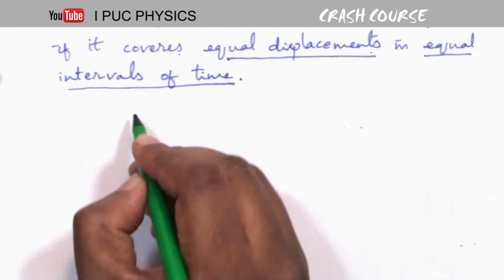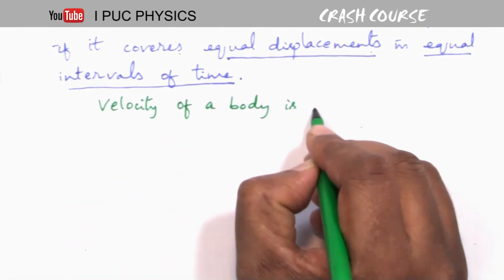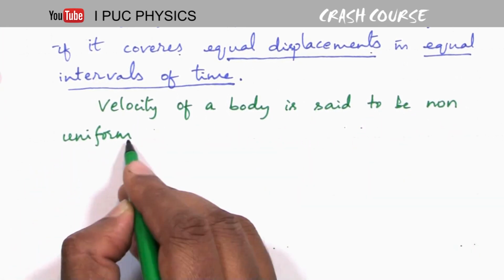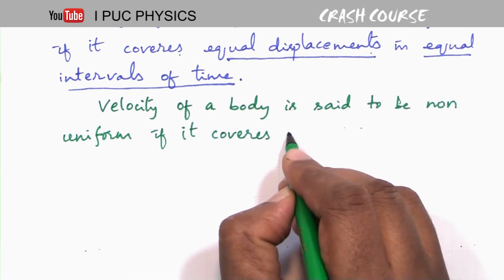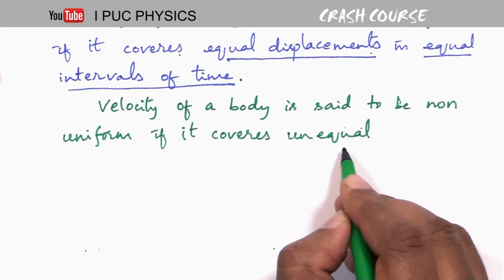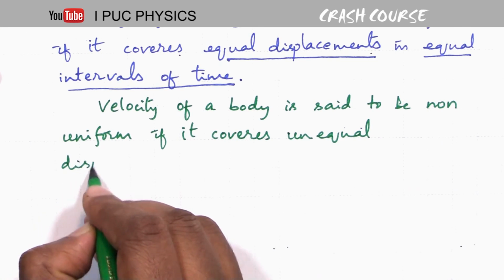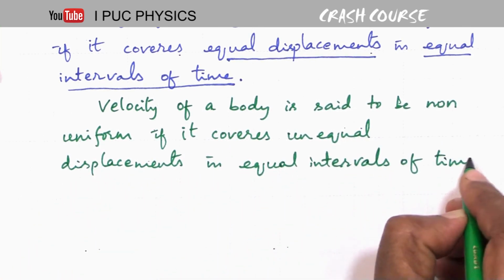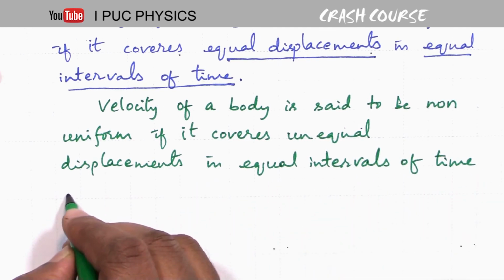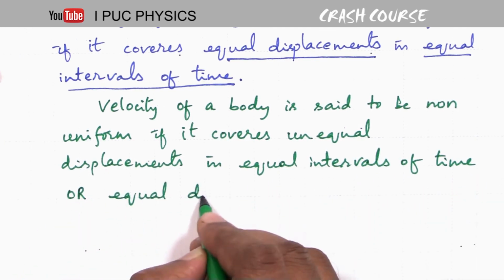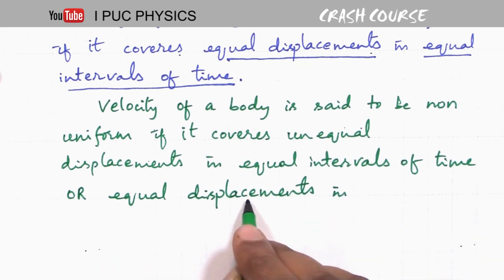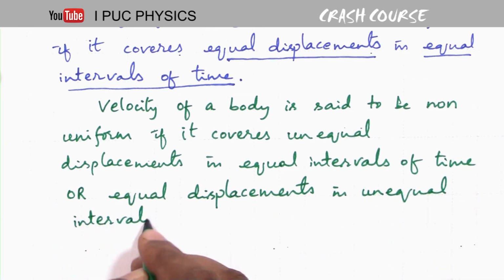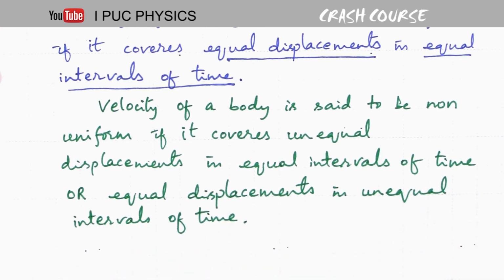Now for non-uniform velocity. Velocity of a body is said to be non-uniform if it covers unequal displacements in equal intervals of time, or equal displacements in unequal intervals of time.